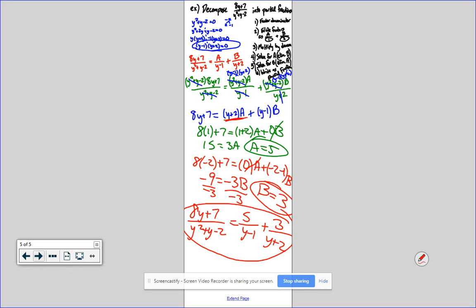Find A, find B, and it's equal to that. You don't really need to write the left side. If you stopped with A equals 5 and B equals 3, that wouldn't be enough. You've got to write it as partial fractions. You only need to write the right side.